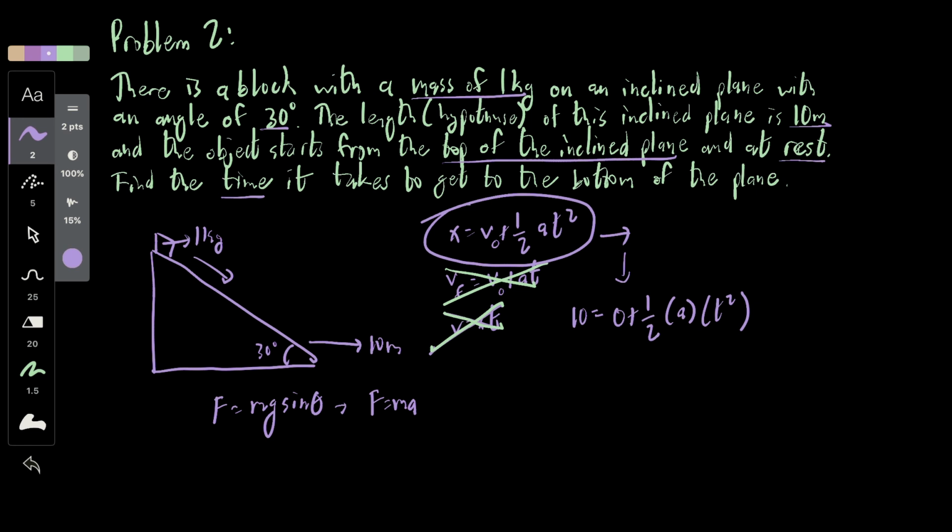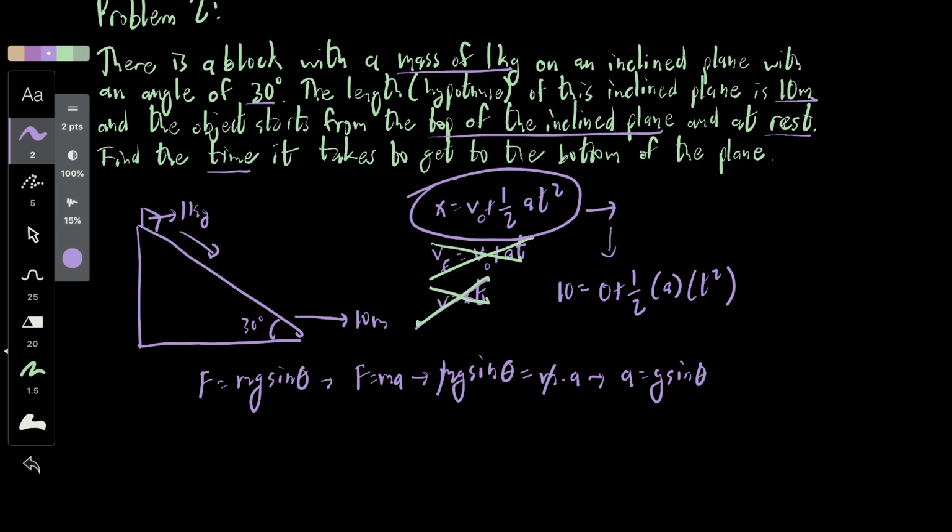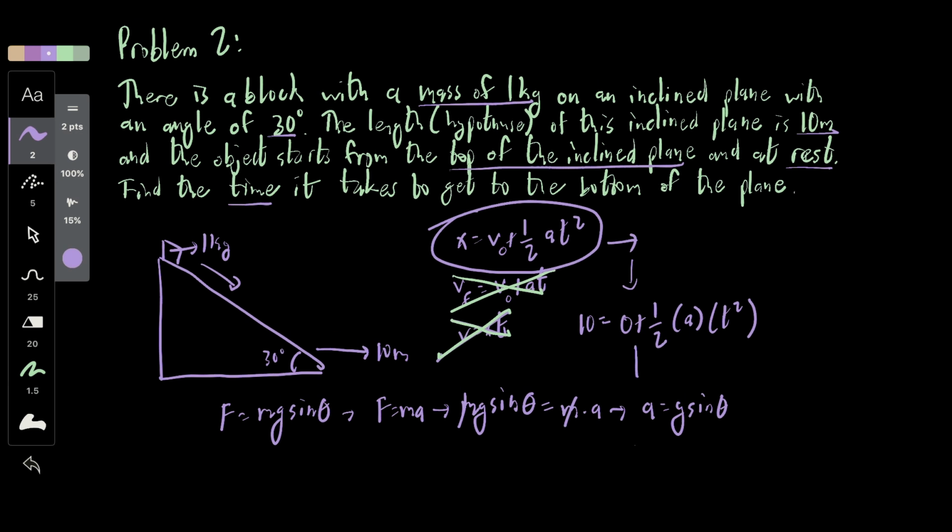So if you just realized, make sure you go back to those videos on my channel and watch those. But now that we know that F is equal to ma, we know that mg sine theta is equal to mass times our acceleration, and our acceleration, when we divide by m, is equal to g sine theta.